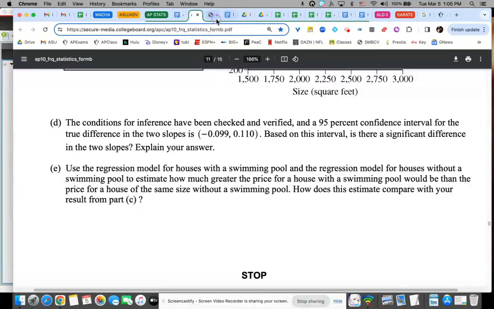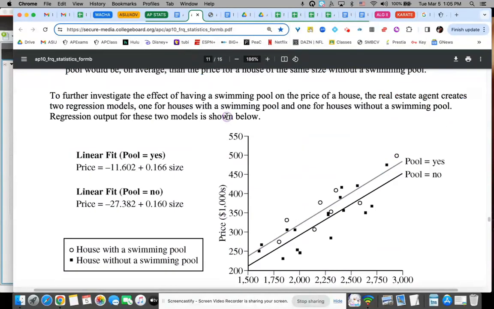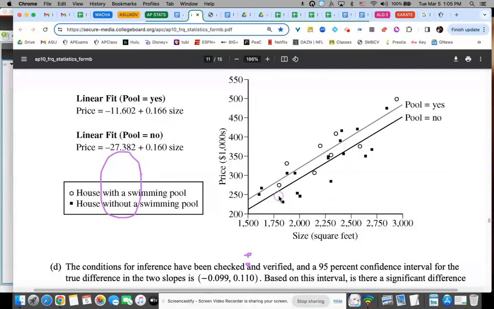Sorry, there's two ways you can do it. The easiest way is just looking at the y-intercepts, because those give you an idea of the difference between the two lines, right? So I can see how far apart these lines are just by looking at the difference in the y-intercepts.